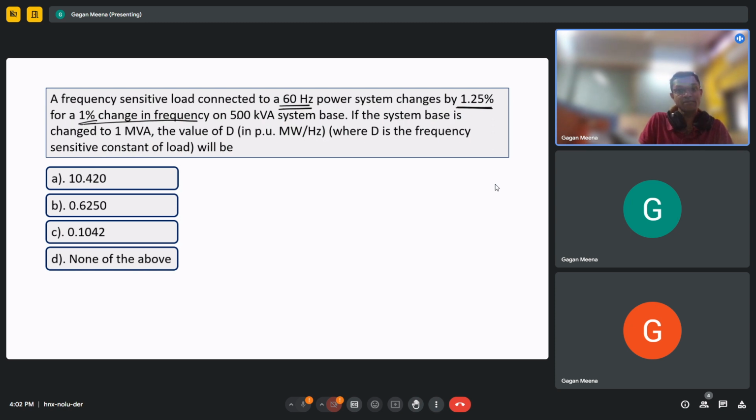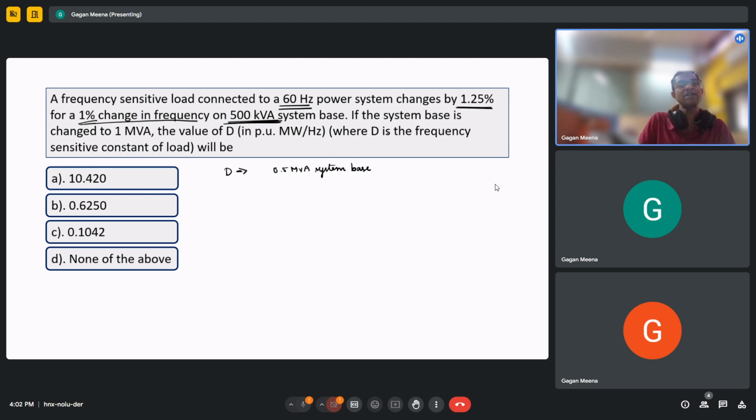And also this is very important: this is for a 500 kVA system base, that means 0.5 MVA system base. So this D value given in the question is on a 0.5 MVA system base.